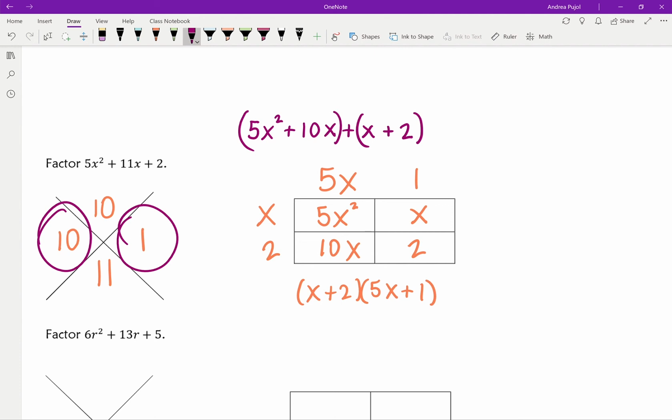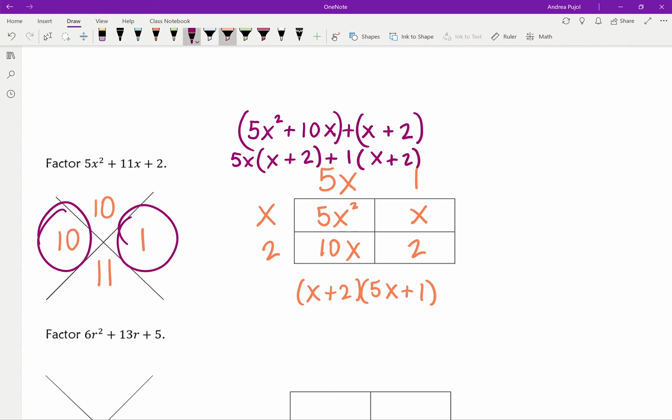So 5x squared and 10x have a 5x in common, so I'll bring that out in front, and what remains inside is x plus 2. And then x and 2 only have 1 in common, so I'll bring an x out in front, and what remains is x plus 2.